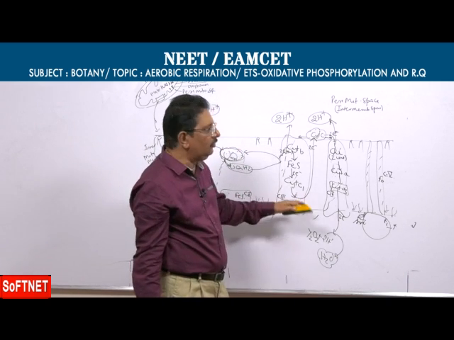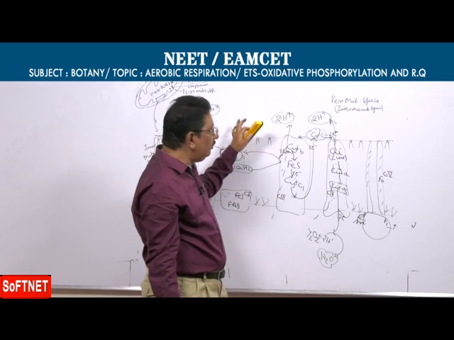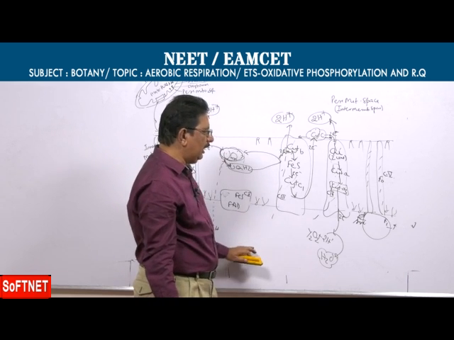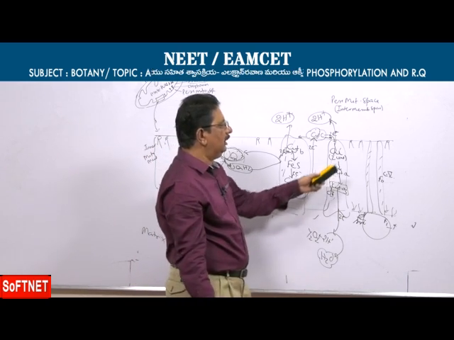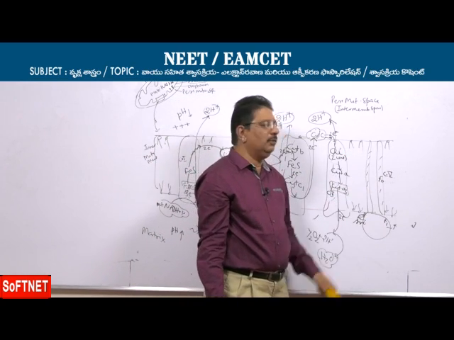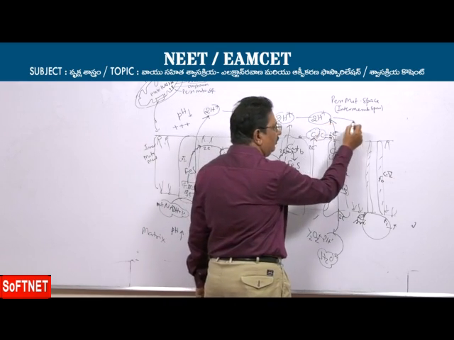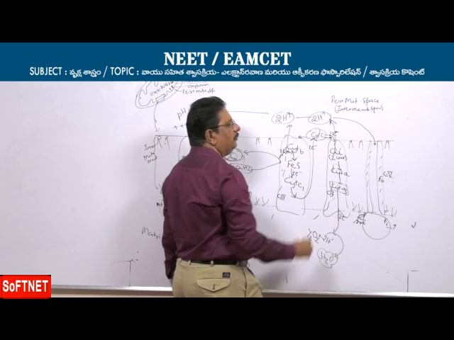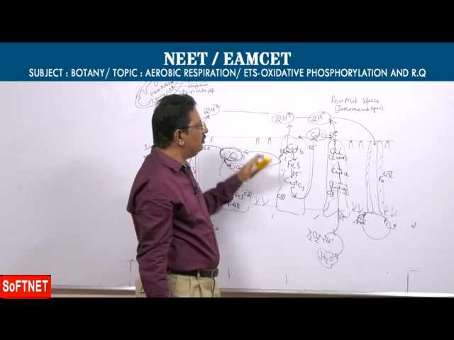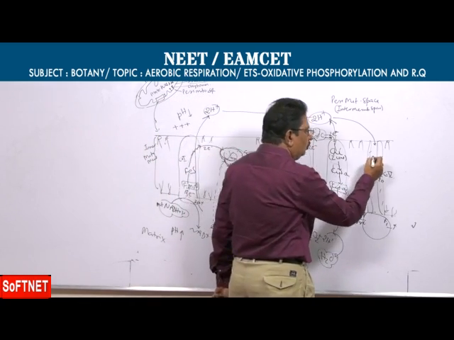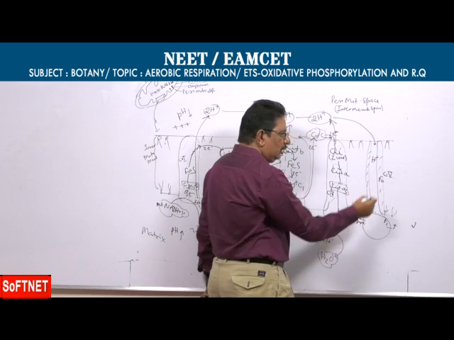So, the return flow of protons from the intermembrane space to the matrix requires a complex, that is complex 5. So, these protons accumulated in the intermembrane space now move, according to their concentration gradient, through complex 5.